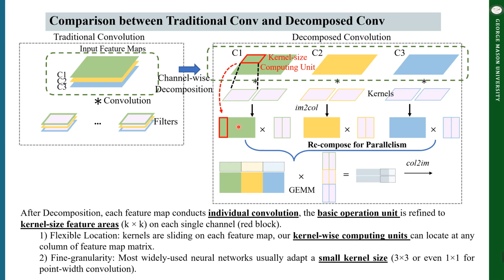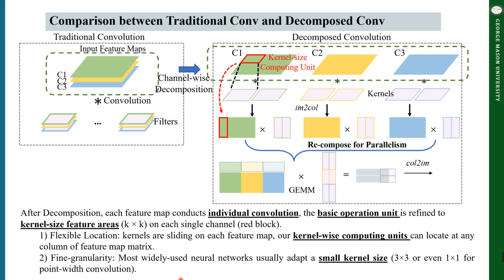And such decomposition has two advantages. The first is the flexible location. The kernels are sliding on each feature map, and our kernel-wise computing unit can be located at any spatial column of the feature map matrix, as it shows. The second one is the fine granularity.